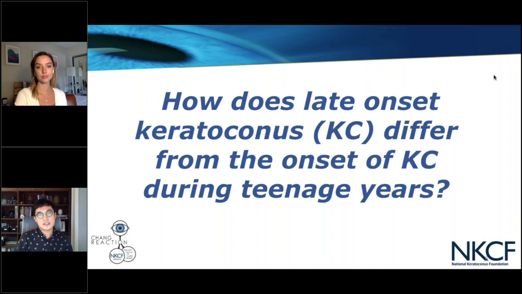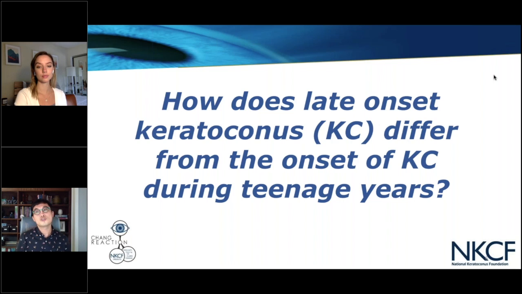So what are the differences? Keratoconus that starts to develop later in life, patients in this group tend to present with less severe clinical signs and symptoms and also tend to exhibit a slower rate of disease progression. Whereas keratoconus that starts to develop earlier in life, patients in this group tend to present with more advanced presentation, even sometimes at the very beginning when they're first diagnosed.